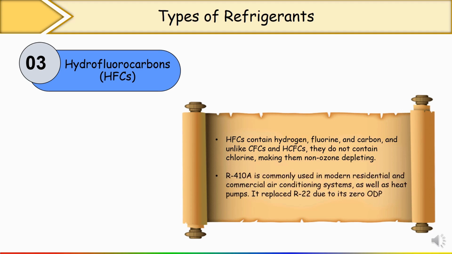This hydrofluorocarbon, R410A, is commonly used in modern residential and commercial air conditioning systems as well as heat pumps, and it replaces R22 due to its zero ODP, ozone depletion potential. ODP stands for ozone depletion potential. Remember this thing.